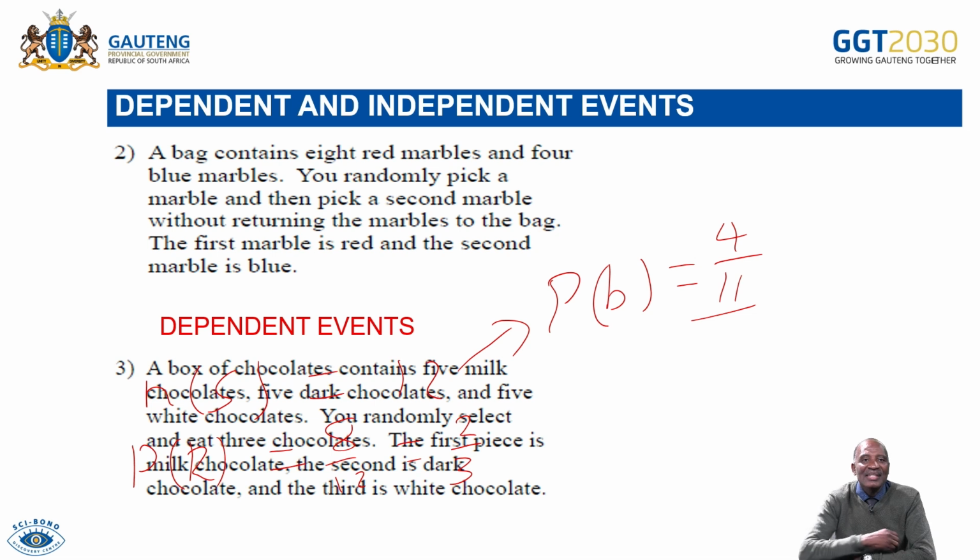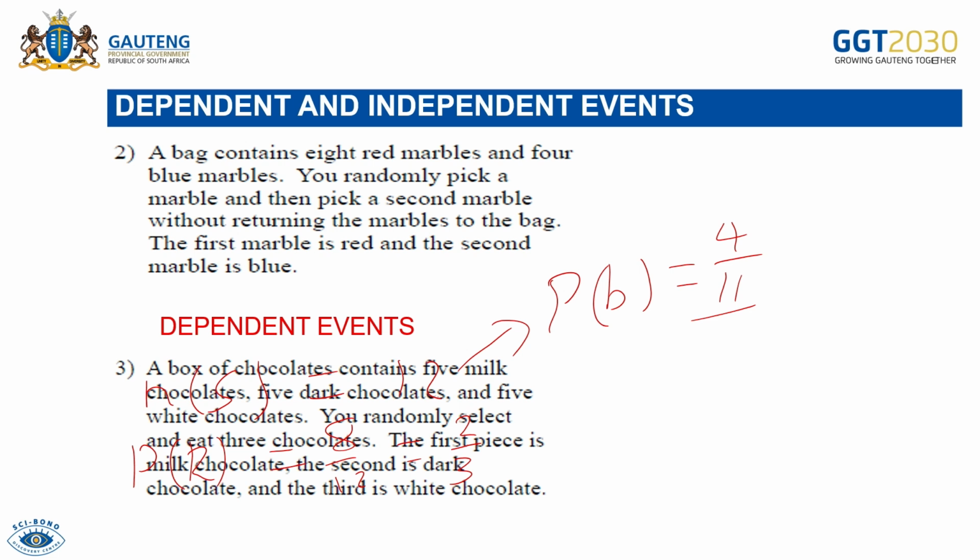Then the next question. A box of chocolates contains 5 milk chocolates. Sorry about the writing on the question. 5 dark chocolates and 5 white chocolates. You randomly select and eat 3 chocolates. The first piece is milk chocolate, the second is dark, and the third is white.